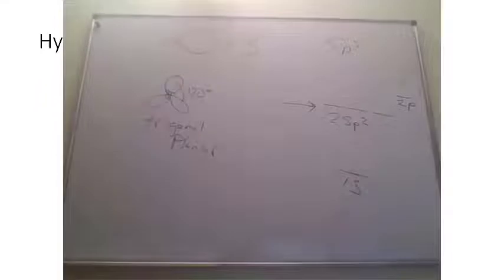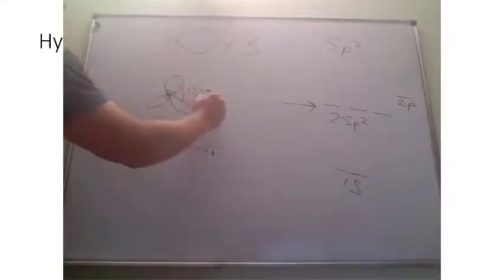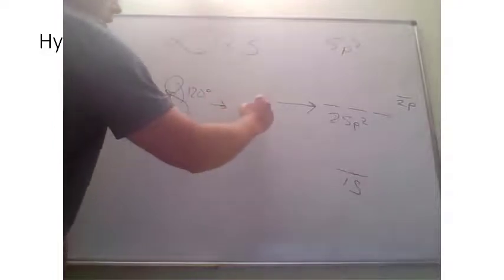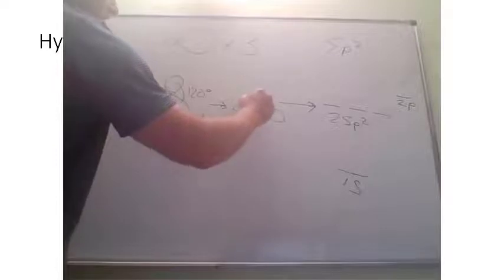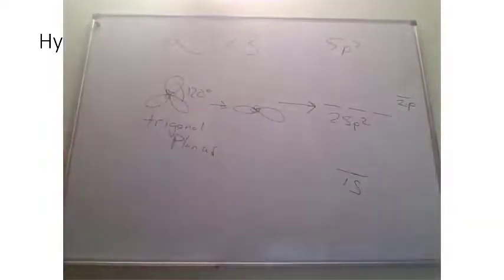Trigonal planar. If we rotate these orbitals 90 degrees onto the side, we're going to see our orbitals all in a row. It's going to be totally flat if you turn it on its side.